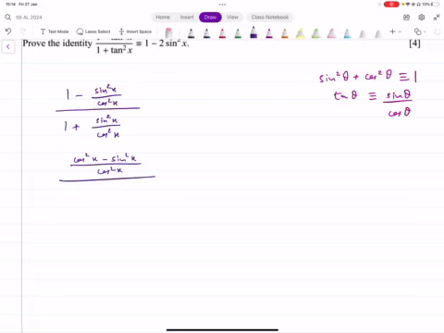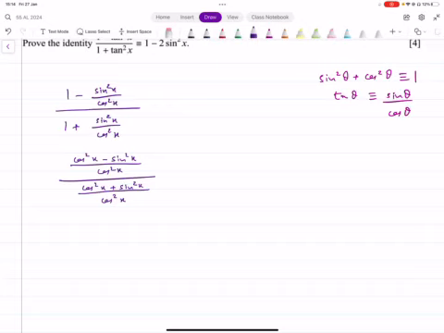This is the numerator of the bigger fraction. In the denominator, we have cos square x plus sine square x divided by cos square x.